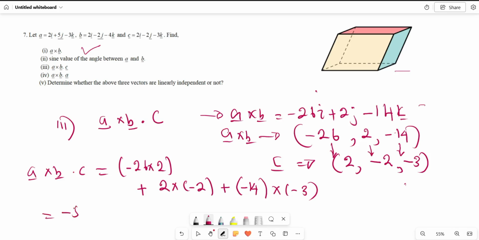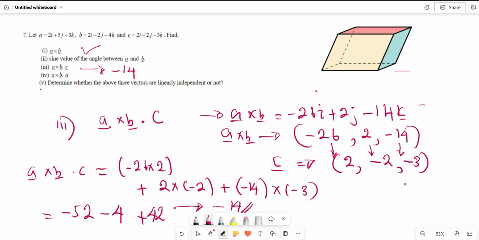Here you are getting minus 52, and here you are getting minus 4, right? And here you are getting plus 42. Minus 52 and plus 42 is minus 10. Minus 10 and minus 4 is minus 14. So the scalar triple product answer is minus 14.